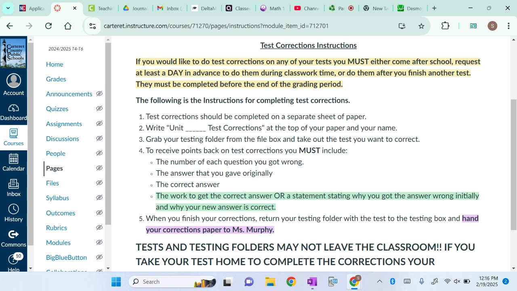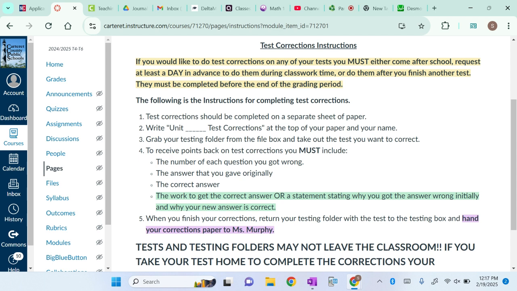And then the most important thing, which is highlighted in green on those directions: I either want the work for the correct answer or a quick statement stating why you got the answer wrong initially and why your new answer is correct. Some of the multiple choice questions weren't necessarily something you had to work out. It may have just been a vocabulary thing.